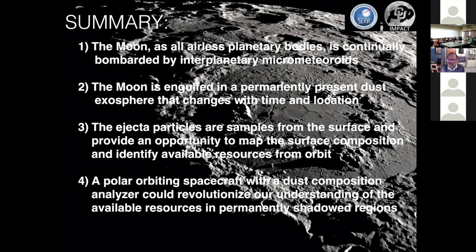But also maybe there is a record of the early evolution and history of the solar system that we could dig into by measuring the composition of tiny ejecta particles. And that was my last slide. I am open to answer questions if I can.